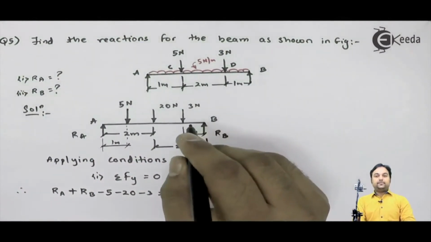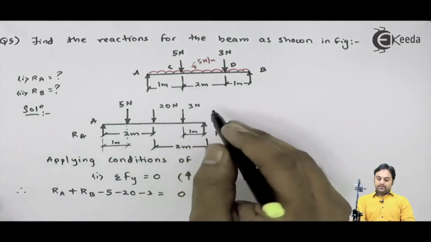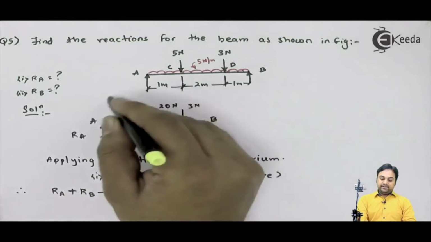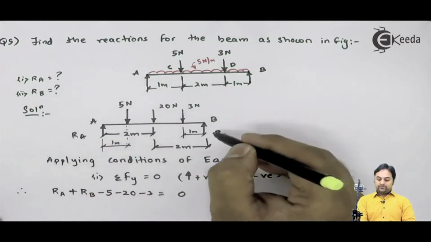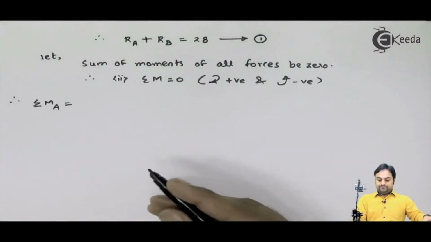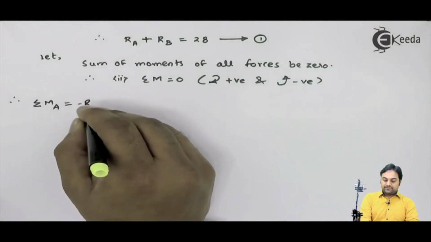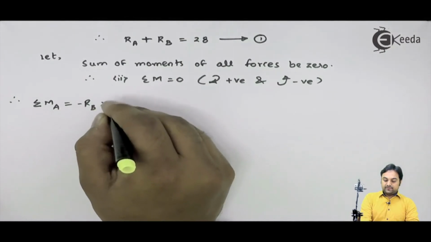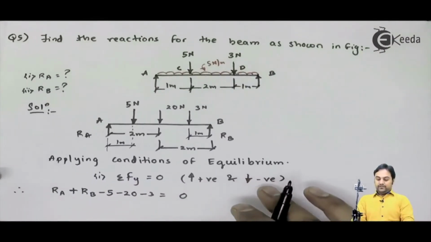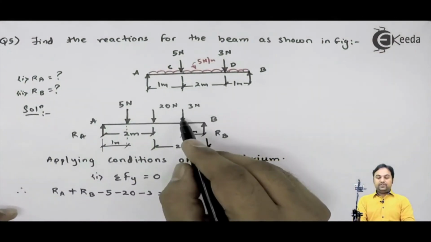If I consider RB, it is acting upward, and when I take the moment at point A, it is coming in anti-clockwise direction. So this will be minus RB into 4, the total distance, because it is anti-clockwise. Then here I have 3 Newton.